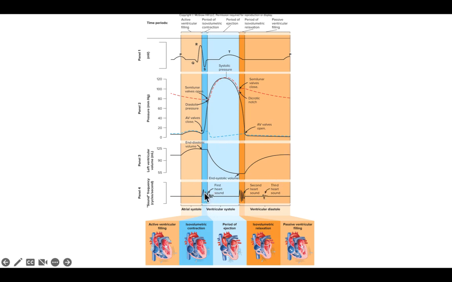Here we have the sounds that occur. Those are the two heart sounds. And then here are some pictures that kind of line up with each of those phases. So use this if you want. I know it's a lot. It's showing multiple things simultaneously, but sometimes it's easier to see everything all at once.